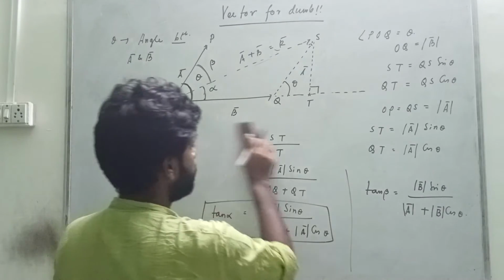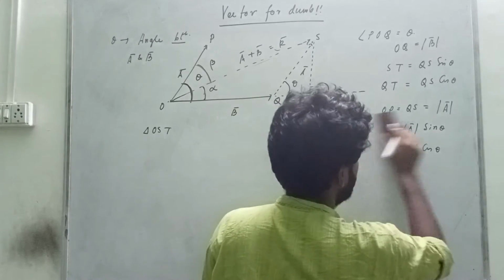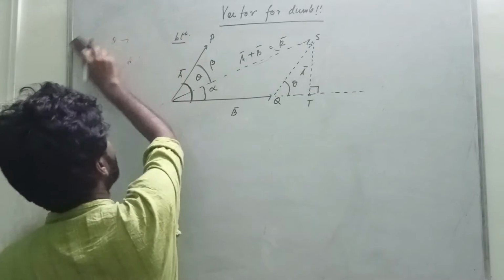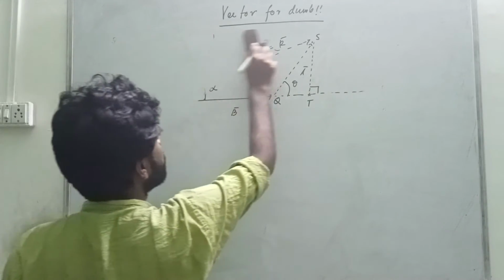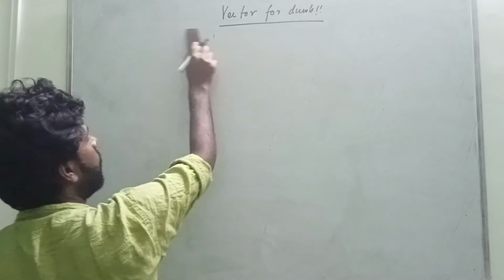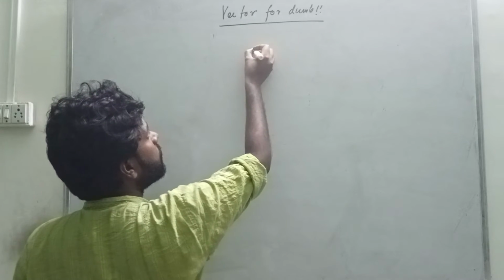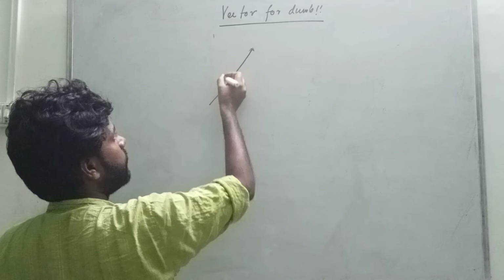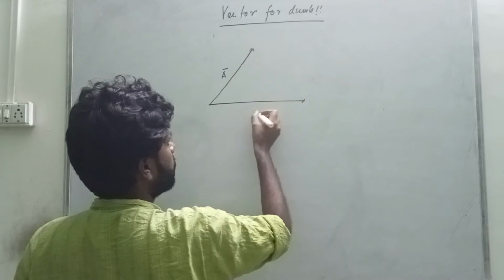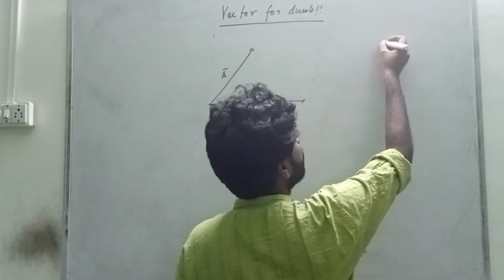Now I want to calculate the angle between A minus B, or A plus B, with A and A minus B with A and B, right? So first of all, we'll draw vector A and vector B. So it is our vector A, and it is vector B. First you want to calculate what A minus B actually is.